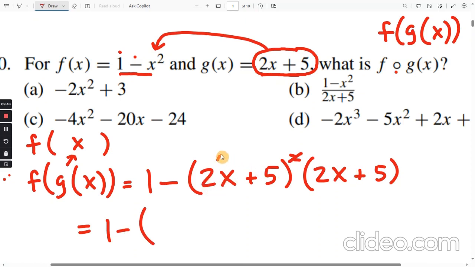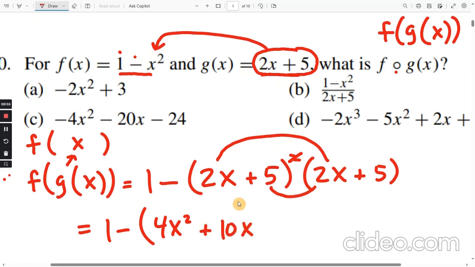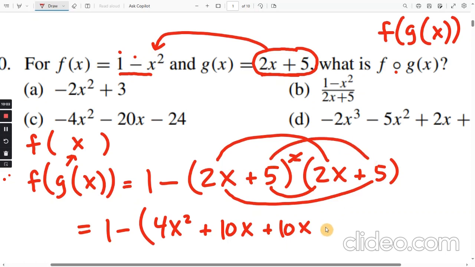First is going to be 2x times 2x. That's going to be 4x squared. Inner is going to be 5 times 2x. That's 10x. Outer is going to be 2x times 5. That's also 10x. And last is 5 times 5. That's 25.